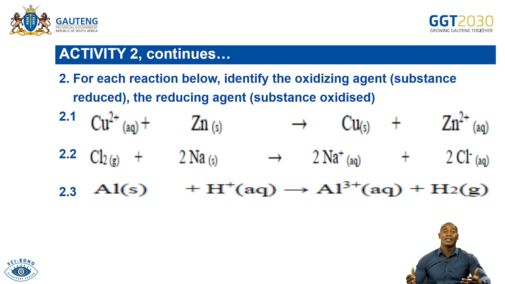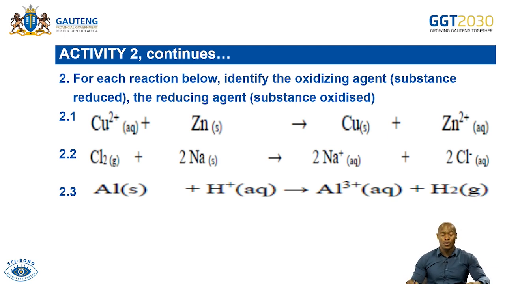How are you going to tell whether the substance is being reduced or oxidized, gaining electrons or losing electrons? You use oxidation numbers. If there's an increase in oxidation number, the substance is losing electrons, is being oxidized, it is the reducing agent. If there's a decrease in oxidation number, the substance is being reduced, gaining electrons, and it is the oxidizing agent.